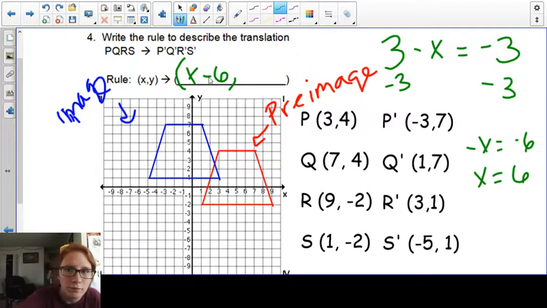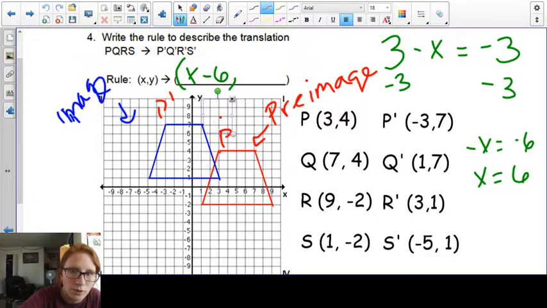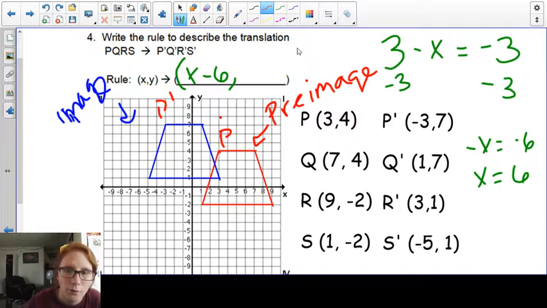Or, if you wanted to, here's my p up here. Here's my p prime. Stop. Computer wants to be dumb. Here's my 3, right? 1, 2, 3, 4, 5, 6.